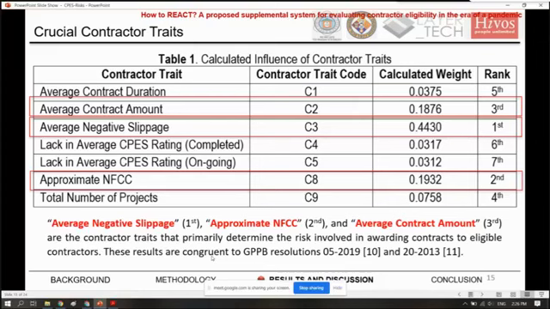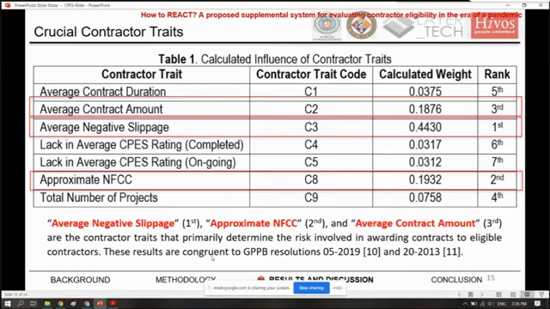When we processed the data, we saw that there are three factors that greatly affected the characteristic or the trait of a contractor. The first is C3, which is the average negative slippage, amounting to 44.30% of effect in our total formula.